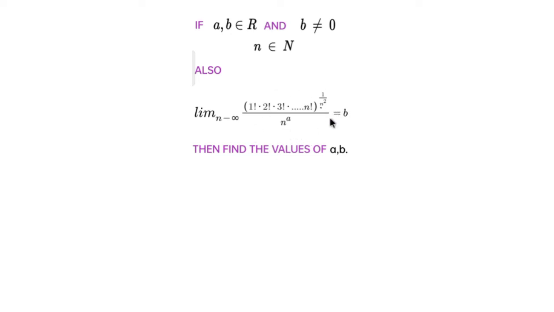So the total limit as n tends to infinity has the value b, and we need to find the values of a and b. That's the question. This seems to be a tough function to evaluate the limit of as n tends to infinity, so let us see the main logic that we need to use.